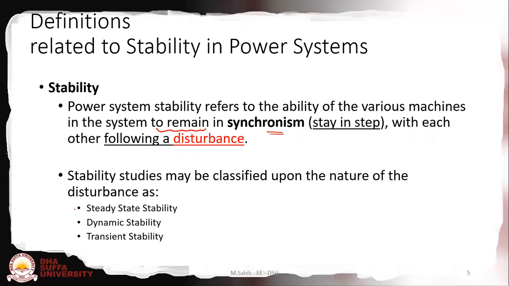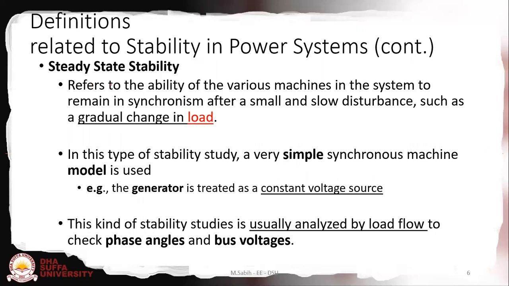This is one thing. And the study of stability against disturbance is categorized. We have some disturbances, and when we study the stability against those, it is called steady state stability. Another kind of stability is the dynamic, and the third one is the transient. So steady state stability refers to when we have a slow disturbance in the system, a gradual load, for example, and the system is able to stay in synchronism.